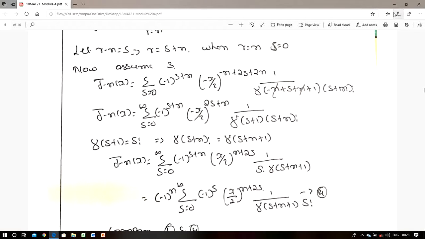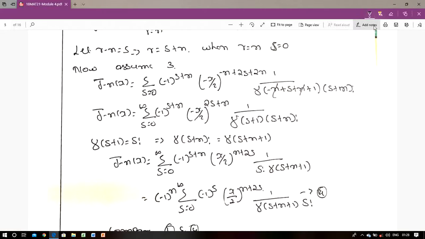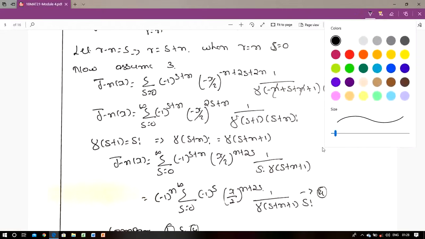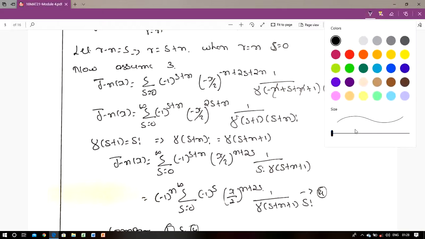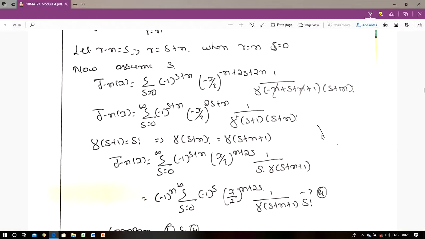We know that gamma of n plus 1 is equal to n factorial.